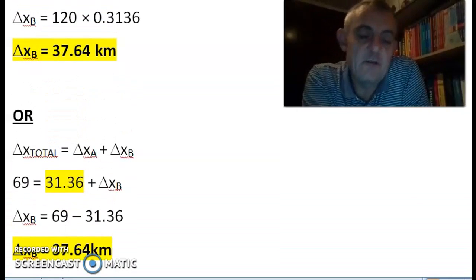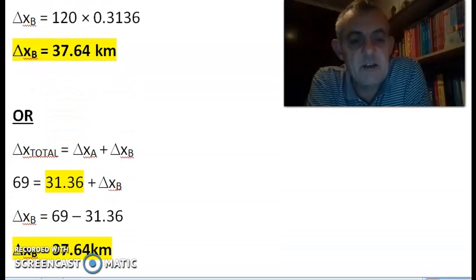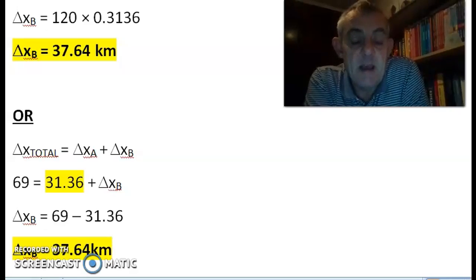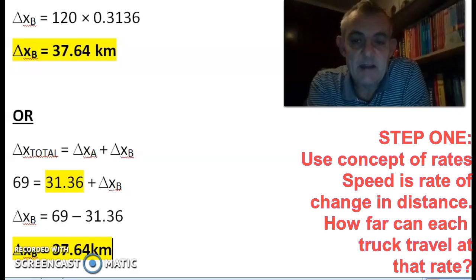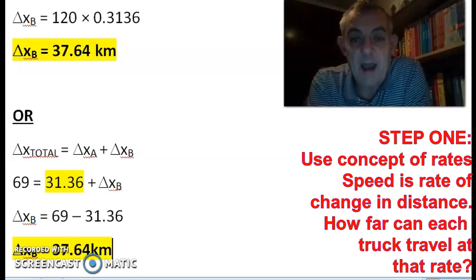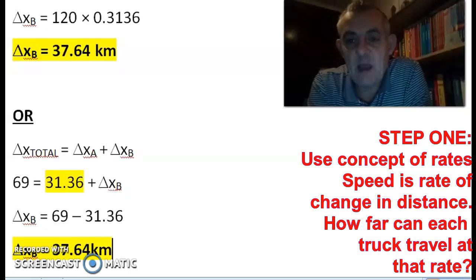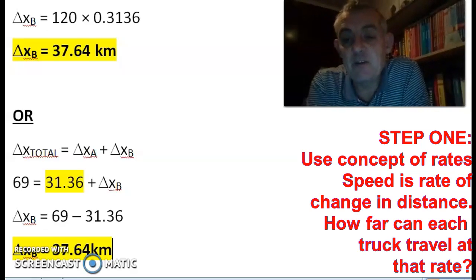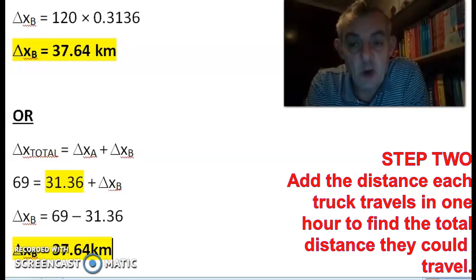So there we go. You've solved a problem that seemed quite challenging. And if you apply the basic principles such as understanding that you need to look at the rates of changing distance. In 1 hour, truck A travels 100 kilometers, truck B travels 120 kilometers. That's the total distance.